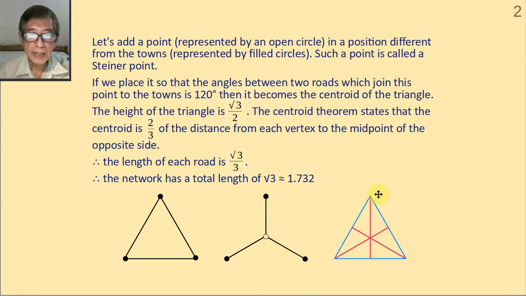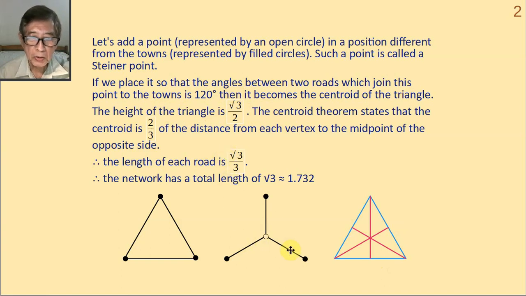The height of the triangle is root 3 upon 2. The centroid theorem states that the centroid is 2/3 of the distance from each vertex to the midpoint of the opposite side. Therefore, the length of each road would be 2/3 times root 3 over 2, which works out to be root 3 over 3.